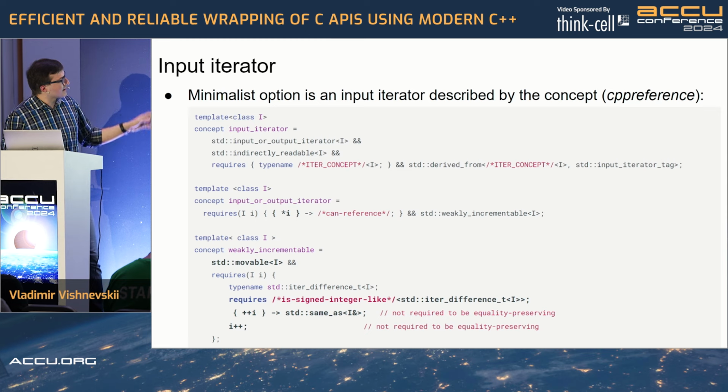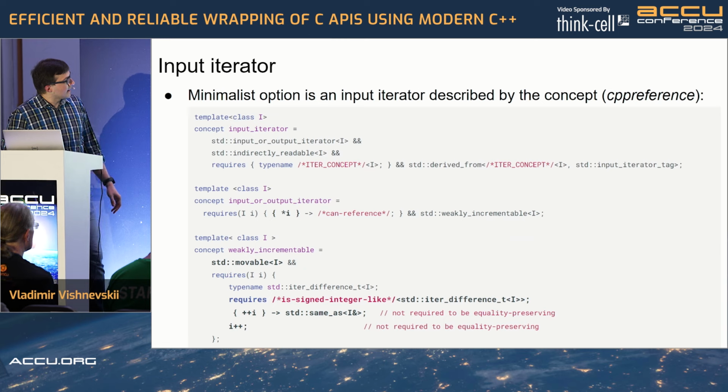Some requirements are redundant, but generally we can see that it is supposed to be movable, incrementable, and we should have the dereference operator supported. We can also use static assert to verify that the class that we develop and want to make iterator compatible is conformant with the concept.